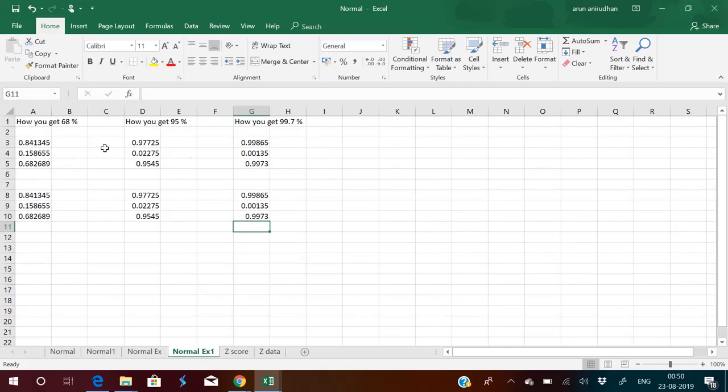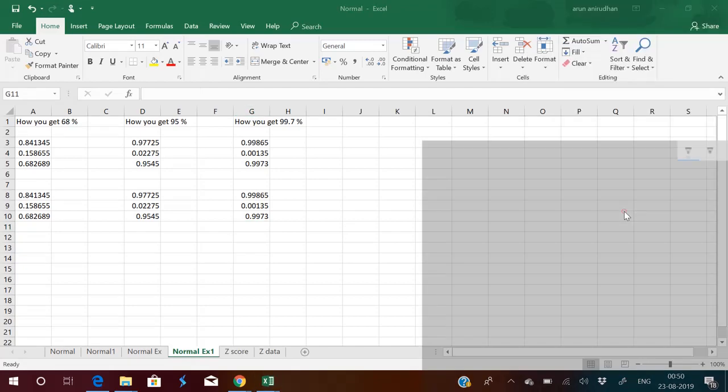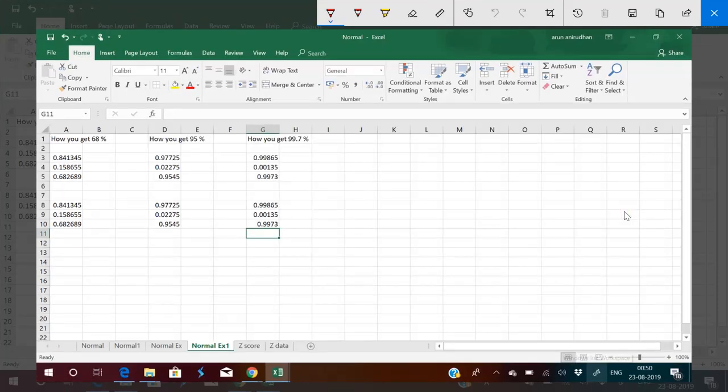So how you get 68%? Okay, so I'll just tell about that. How you get the 68%? What they're going to tell you. So this is your normal distribution. So one standard deviation to the right, one standard deviation to the left.